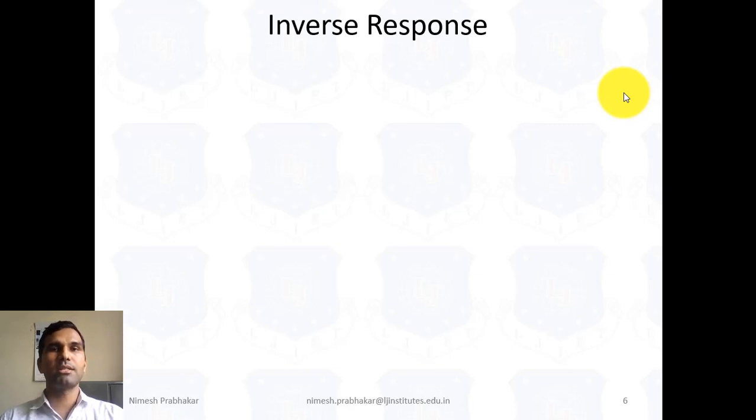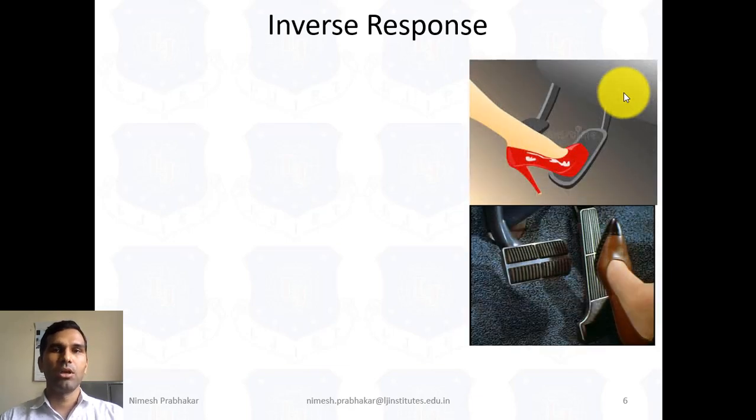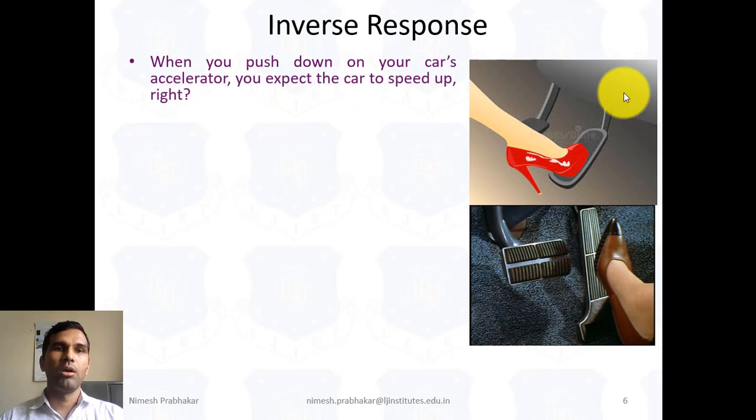Before we understand the inverse response, let us take one example of a car. We all know when you push down your car's accelerator, you expect the car to speed up, right?